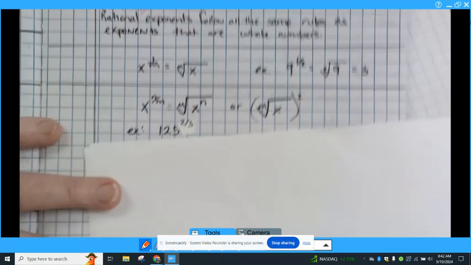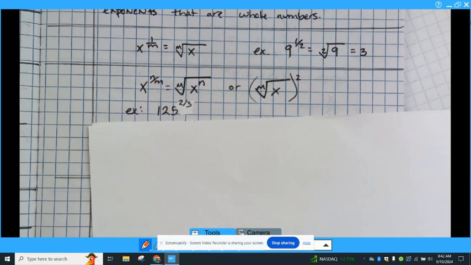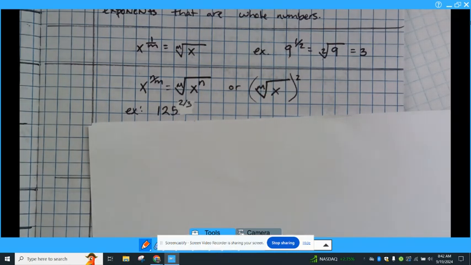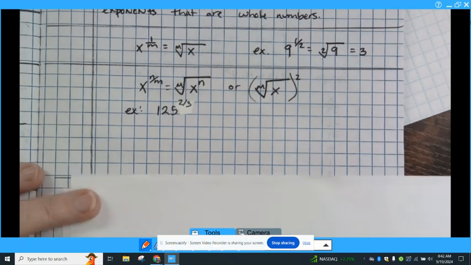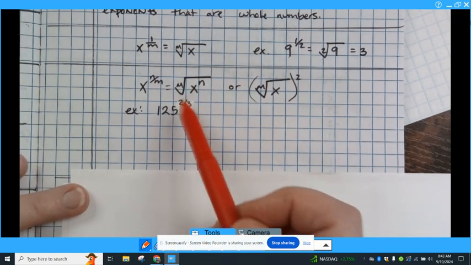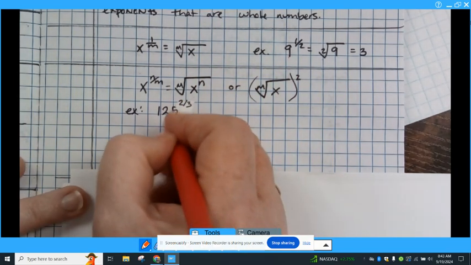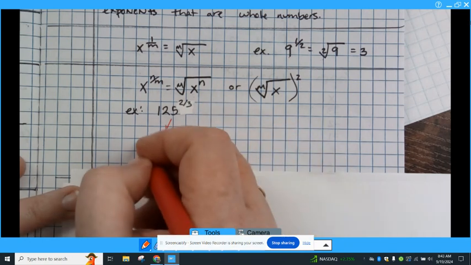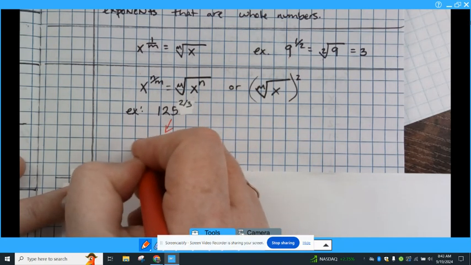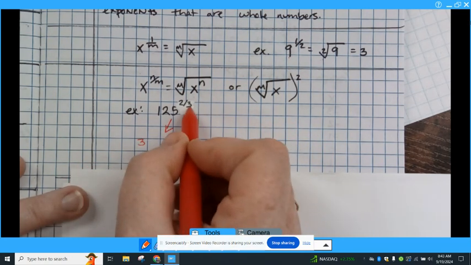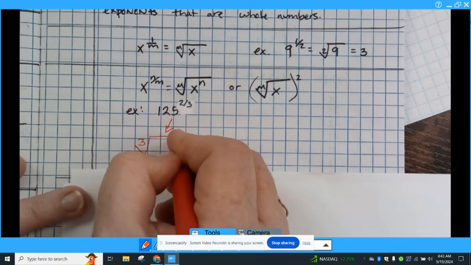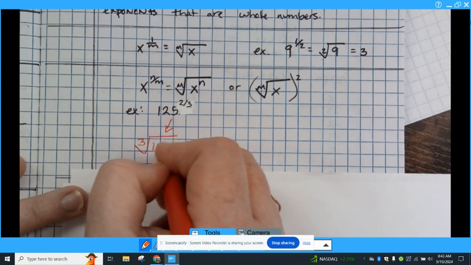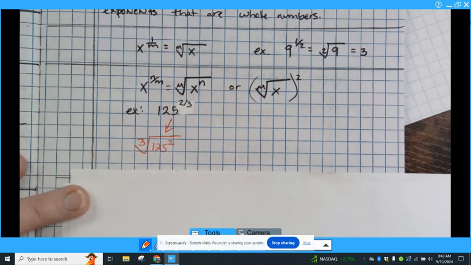The example I'm going to show you is 125 to the power of 2/3, and I'm going to show you both ways. The first way: I could say the third root, because that's our denominator, so our root is 3. The third root of 125 squared.